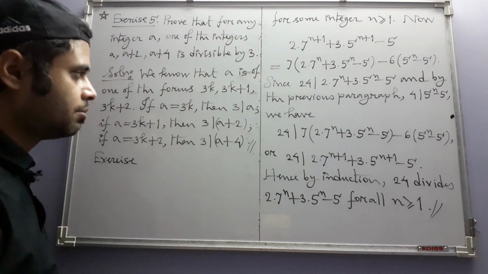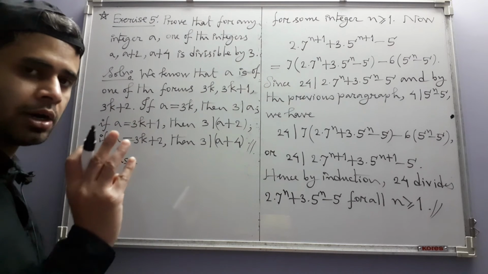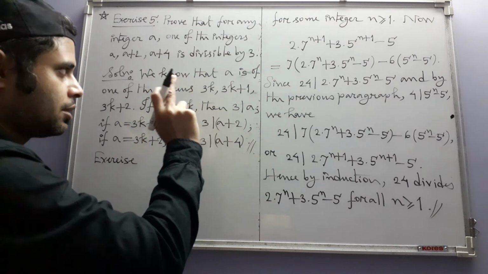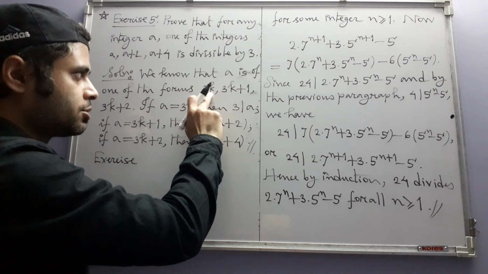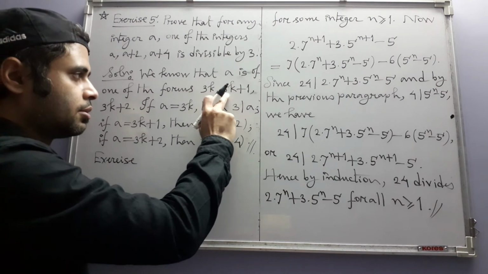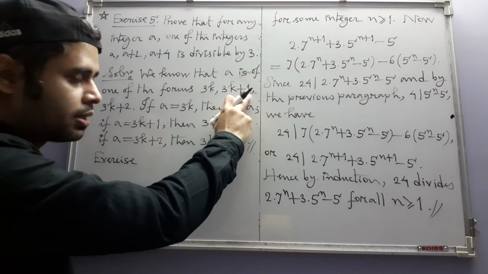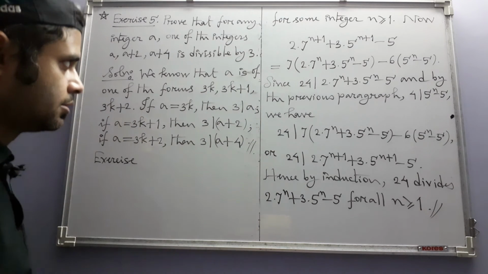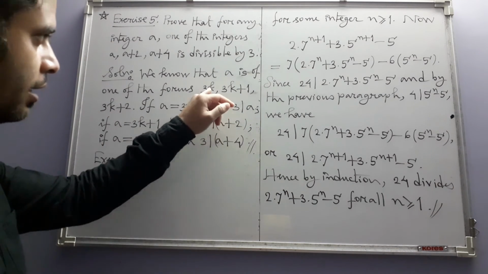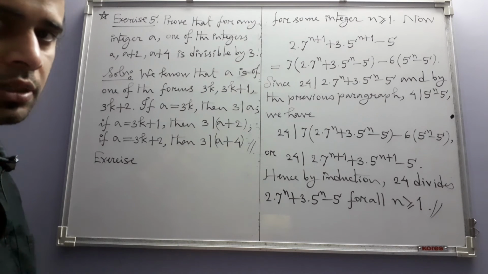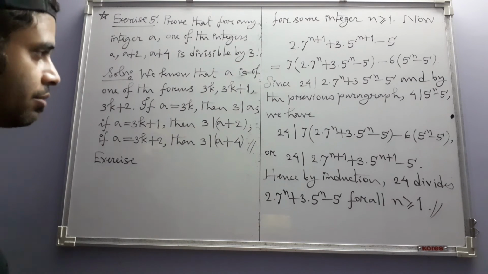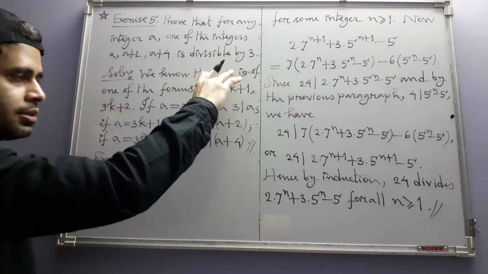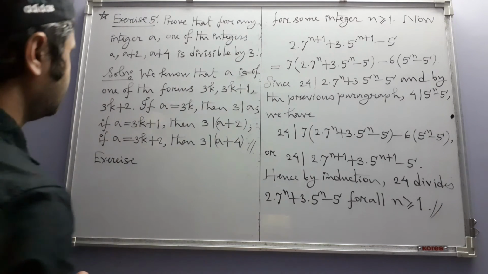The possible remainders are 0, 1 and 2. When the remainder is 0, a looks like this. If the remainder is 1, a looks like this, and when the remainder is 2, a looks like this. K itself may be positive, negative or 0. Okay, so that will take care of the cases of the signs of a.